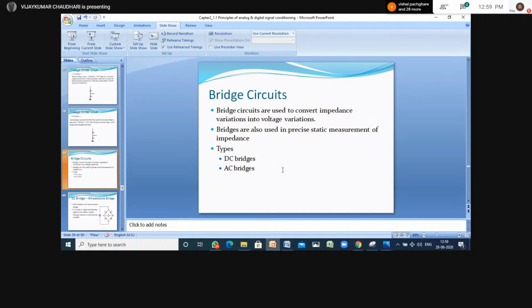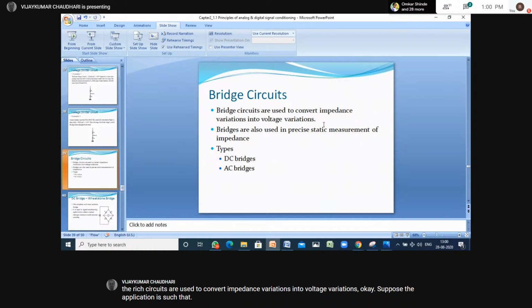So these are some types of sensors, used in arms of the bridges. They convert impedance variations, like the resistance change we have seen, into voltage variations. Resistance changes, the bridge becomes unbalanced, and the output voltage changes. Bridges are also used in precise static measurement of impedances.